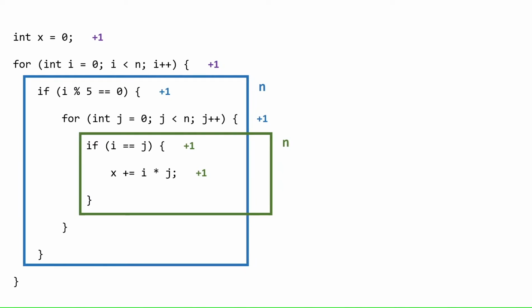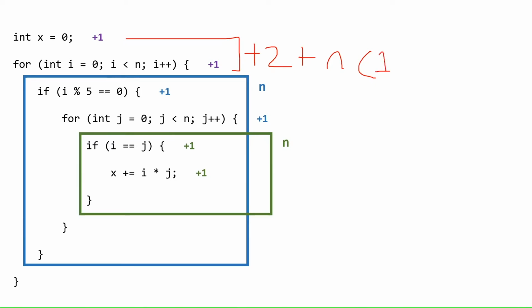These 2 lines we know will execute only once, so we add a constant +2 to our function. Next, we know that the code within this for loop is going to execute n times, so let's add an n here, and then whatever's in these parentheses is going to be whatever's in this block of code in the for loop. So this line will execute every single time we go into the loop, so we're going to add a 1 here.